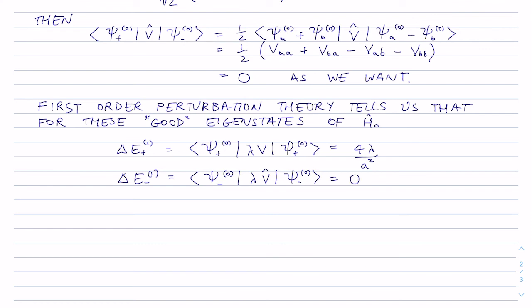So in other words, we looked at the first order correction to the wave function to work out what the good eigenstates are going to be, but then we go back to first order perturbation theory for energy, and we see that actually they have different energy. The two eigenstates have different energy shifts. So the perturbation has lifted the degeneracy.